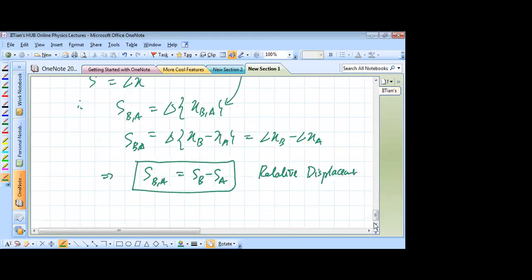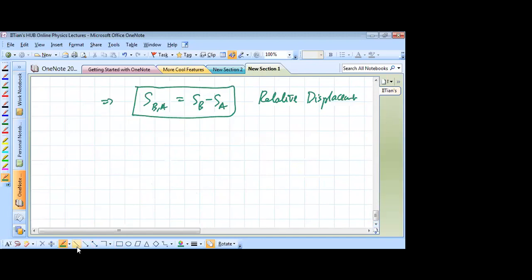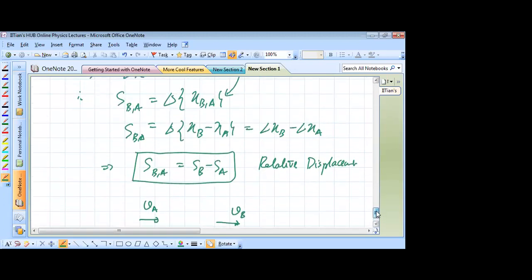Now next, suppose we understand the velocities with which they are moving. A is moving with some velocity va and B is moving with some velocity vb. Yeah, Ashul, this is very simple.